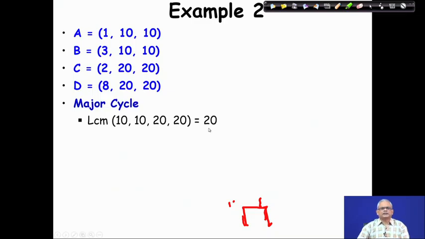Now, the next thing is to choose the frame size. The frame size must be greater than or equal to the execution time of all tasks, and also it has to satisfy the other conditions.